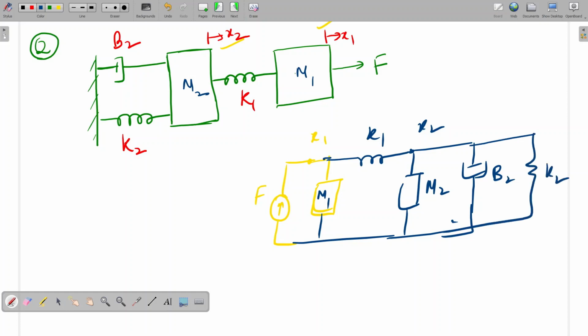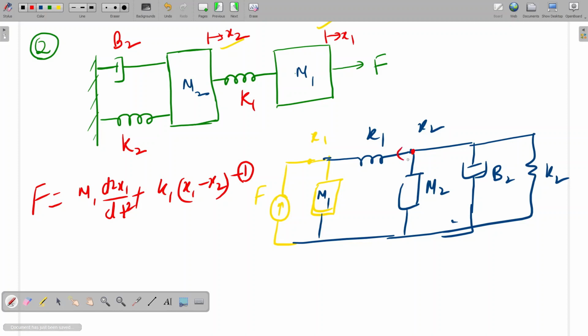So what will be the equation here that I'm going to write? F will be equal to m1 d square x1 by dt square plus, b is not there, plus k1 into x1 minus x2. This is equation 1. Equation 2 will be at this node, so I take the summation of all currents equal to 0.